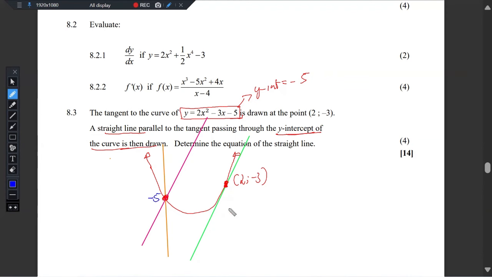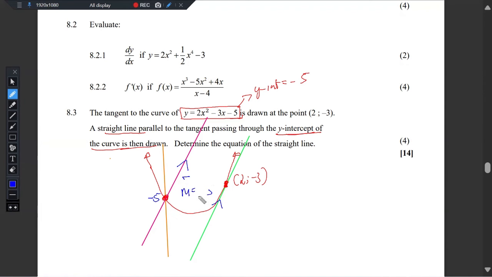Now what we know is that this tangent here is parallel to this straight line. I've just tried to take whatever we have in the statement and represent this in terms of a graph, right? So now I hope we can clearly understand the question. Of course, these two lines are parallel. And if these two lines are parallel, what do we know about parallel lines? We know that parallel lines have the same gradient.